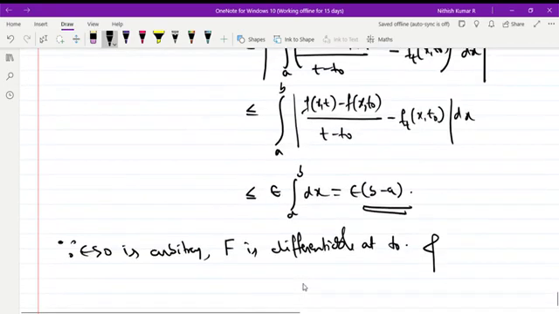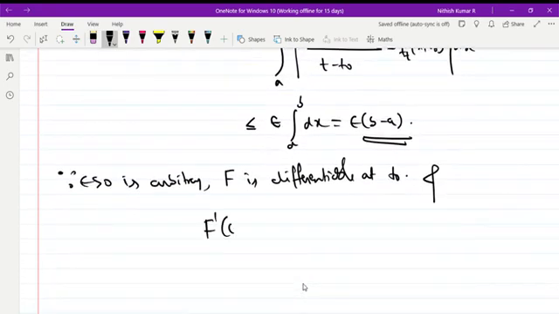And what is this derivative? This derivative, that is F dash of t naught, is nothing but integration a to b f_t of x comma t naught dx.